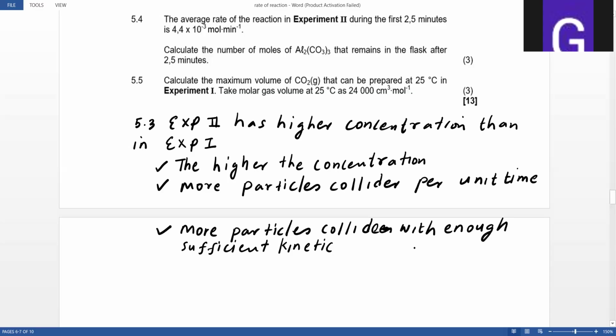In brackets, we are referring to the average kinetic energy being greater than or equal to the activation energy.